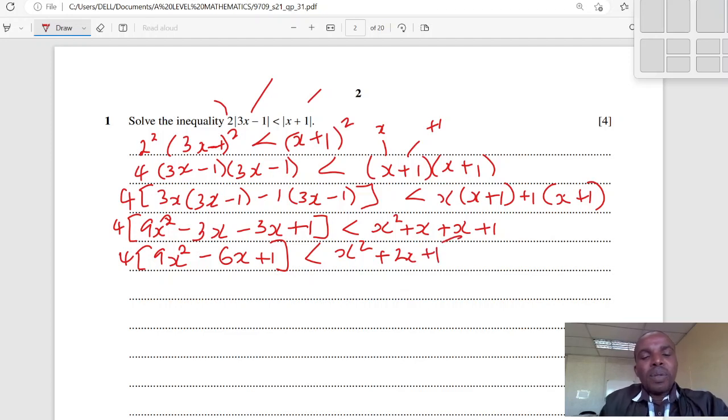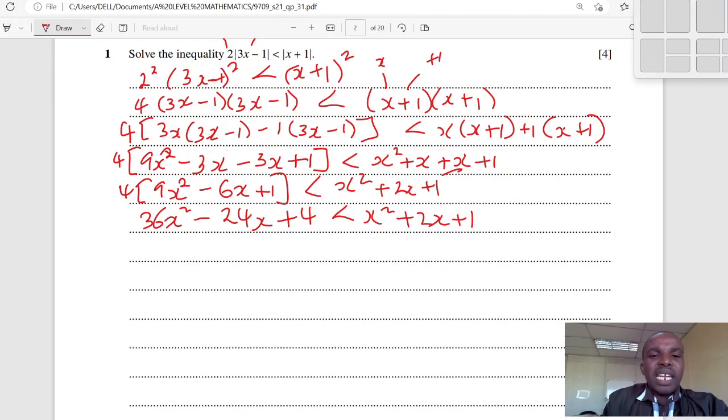Now let's remove the bracket on the left side of our inequality sign. 4 times 9x squared is 36x squared, minus 24x, then plus 4, less than x squared plus 2x plus 1. Now let's collect like terms. Take everything to the left side of our inequality sign.